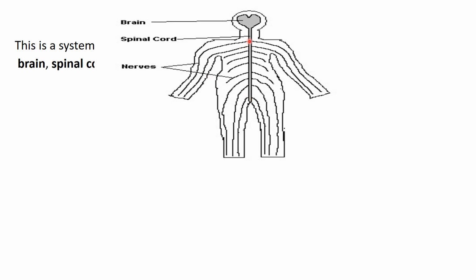Then there are these nerves, this network which appear to be like lines. These ones, these are nerves. They are connected to the spinal cord and the brain, like so. Okay, so these are the three parts that make up the nervous system.